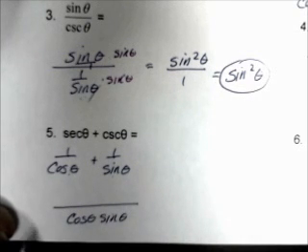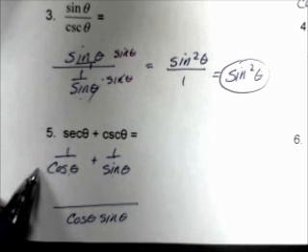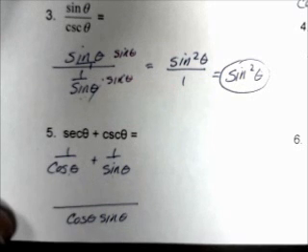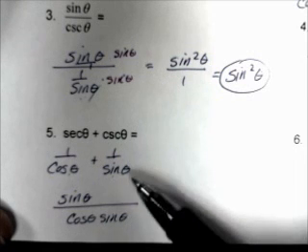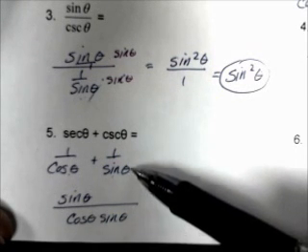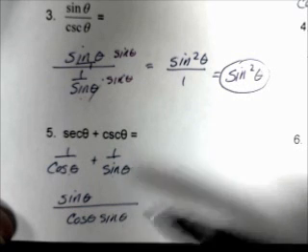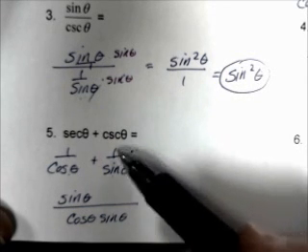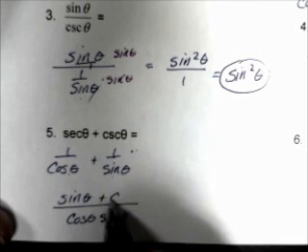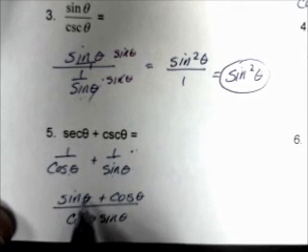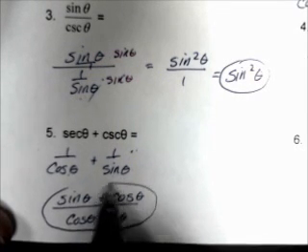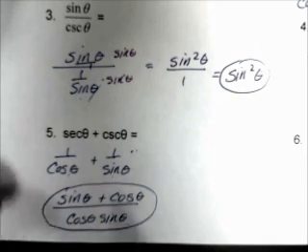So in order to make this an equivalent fraction with this as a denominator, I need to multiply by sine theta, so I do the same to the numerator. Sine theta times 1 is sine theta. And here, I need to multiply by cosine theta, so I do the same to the numerator. Cosine theta times 1 is cosine theta. That's our answer. There's nothing else we can do with that. Again, we're taking it and writing it in terms of sine and cosine.